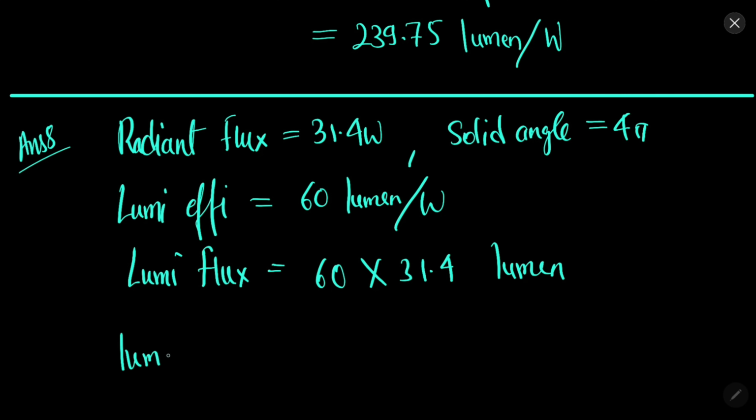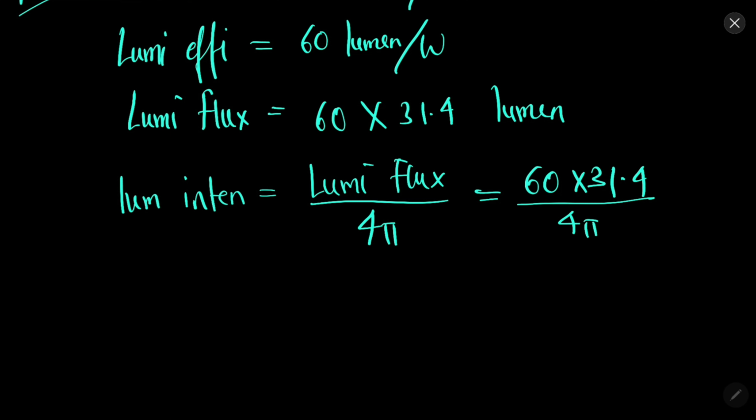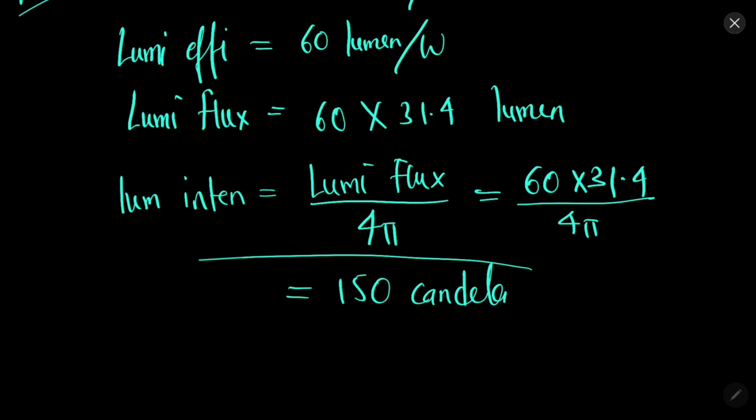So luminous intensity will be luminous flux over 4 pi, because it is in all directions. So 60 into 31.4 over 4 pi, which will give us 150 candela.